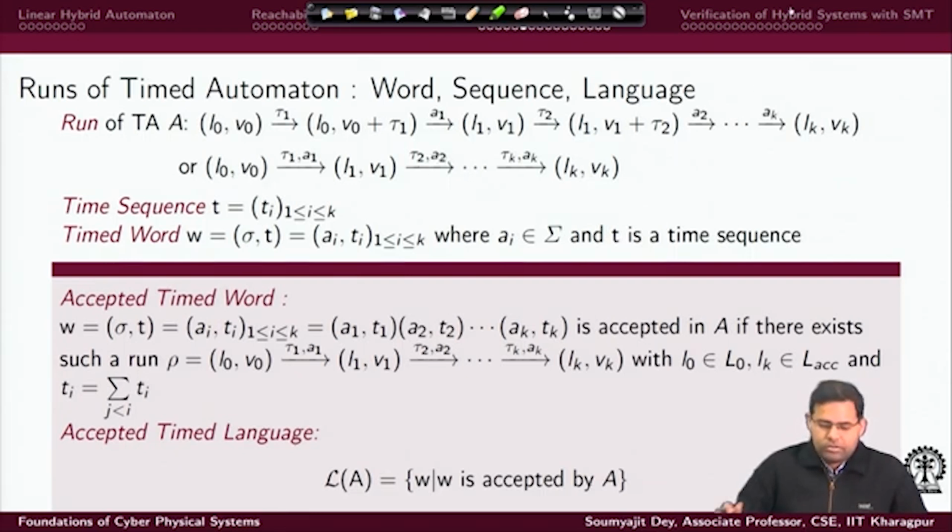So you can show it like this, or the other standard that maybe you will see is that there is a location and valuation, then some input A happens at some global time T1, and then you go to some other location and valuation. From there, again there is some input A, which is happening at some global time T2, and based on that it happens.